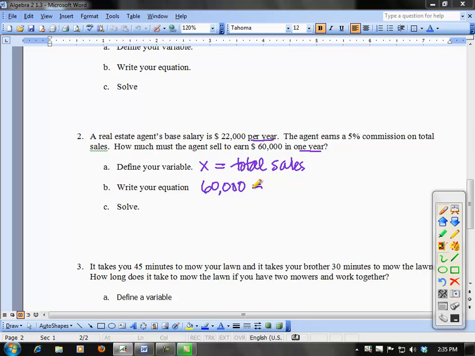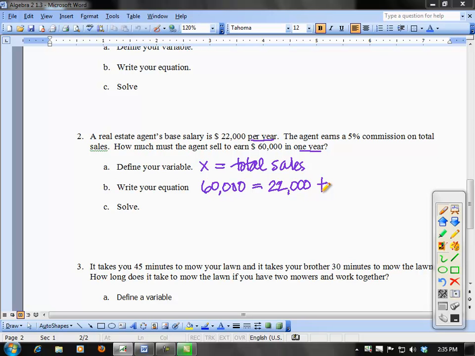Currently, I earn $22,000. No matter what I sell, I earn $22,000. Because it doesn't matter what I sell, it doesn't need a variable with it. So I have $22,000 no matter what. But on top of that, which means in addition to, I get 5% of my sales.